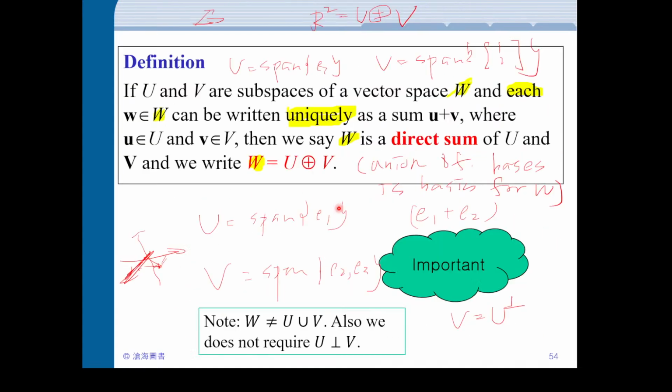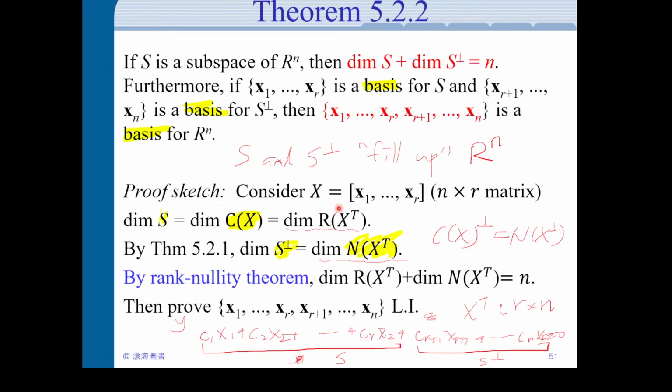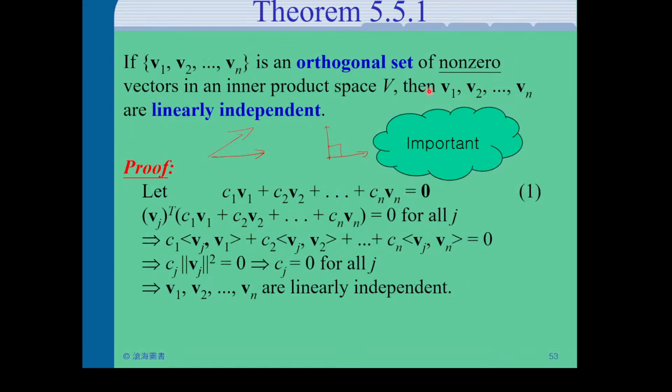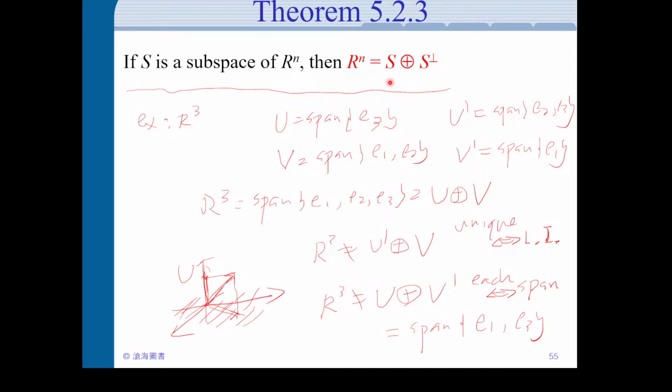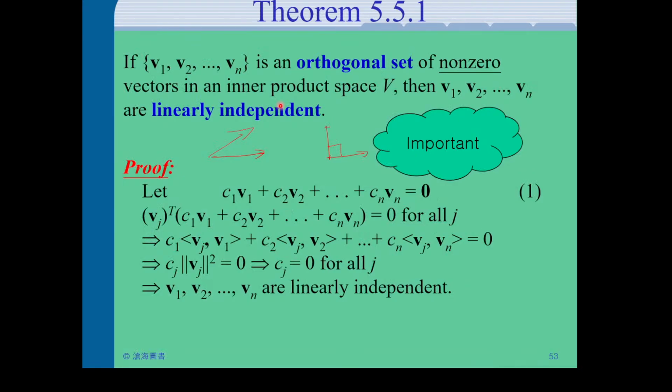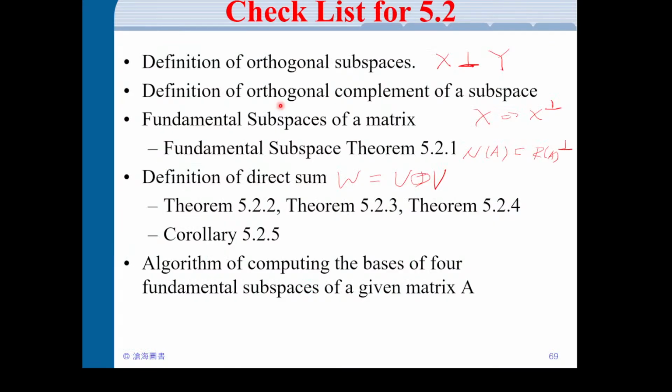So 5.2.2 says that you have S and S perpendicular, and their bases combine. I guess 5.2.2 and 5.2.3 basically say the same thing in different ways, so let's just list them together.